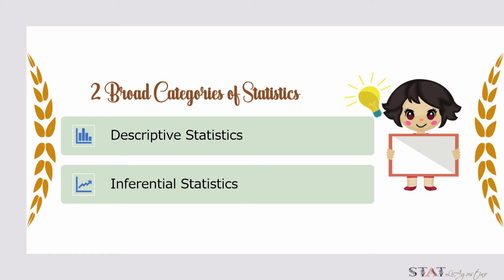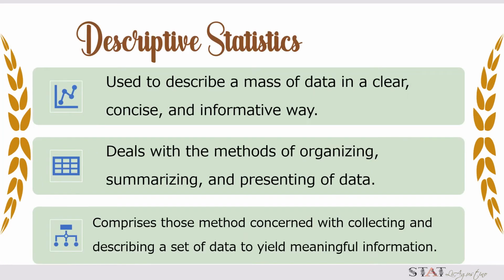And we have two broad categories of statistics. We have descriptive statistics and inferential statistics. So what is this? So descriptive statistics, let us define it. It is used to describe a mass of data in a clear, concise, and informative way.